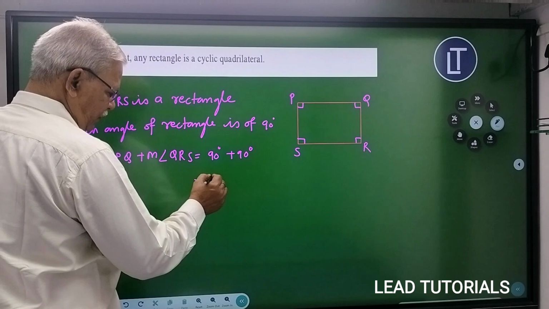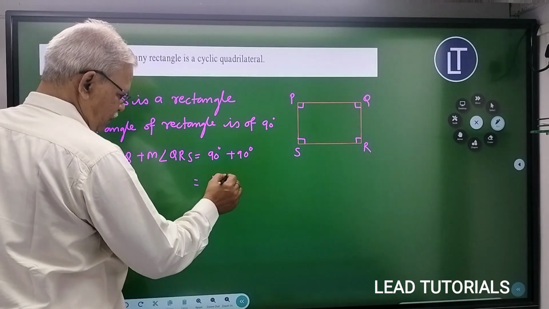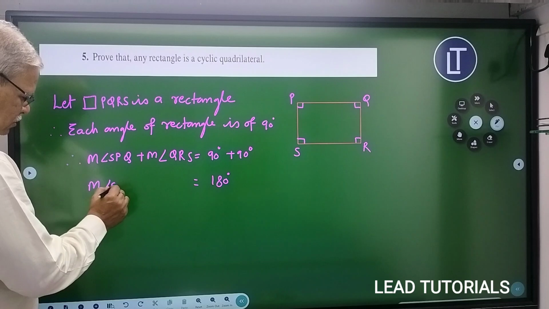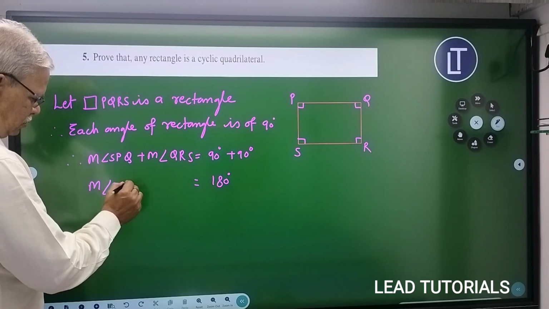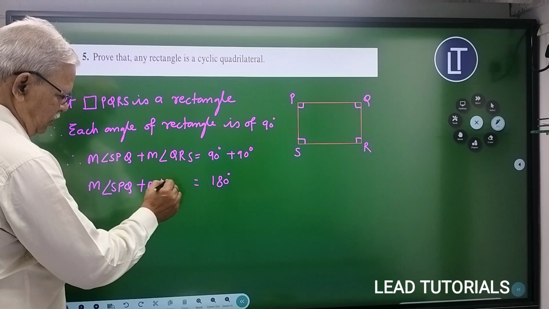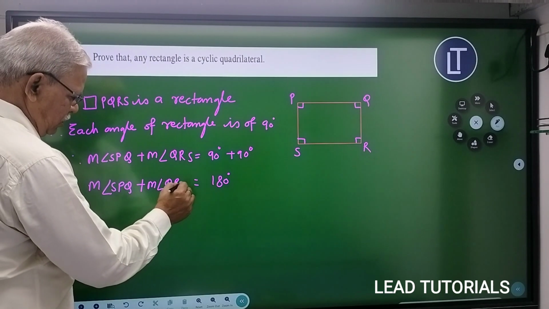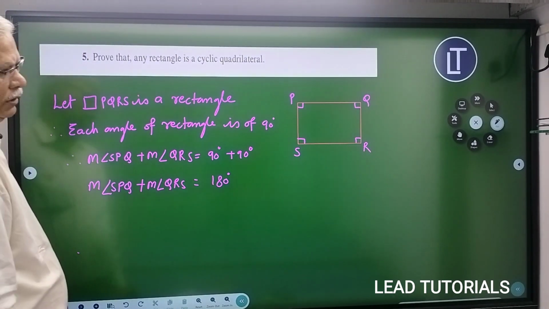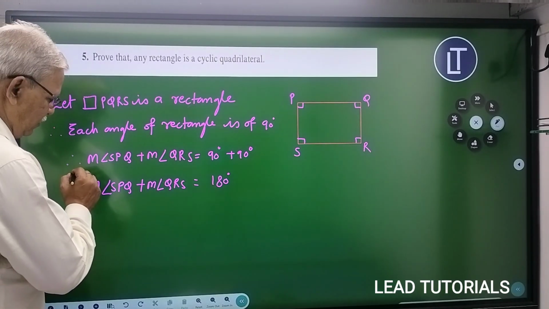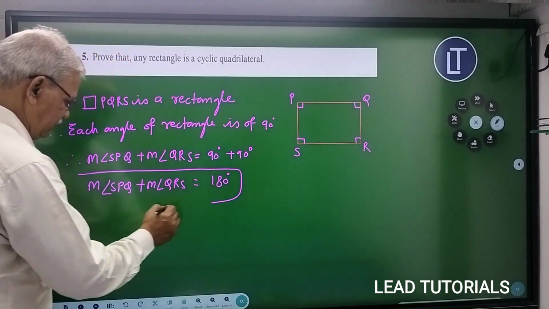Therefore, here this is 180. Now see, we will write here the sum of these two angles is equal to 180.